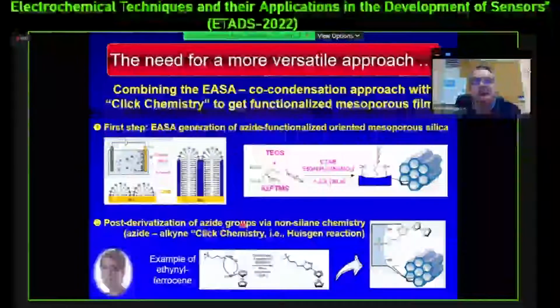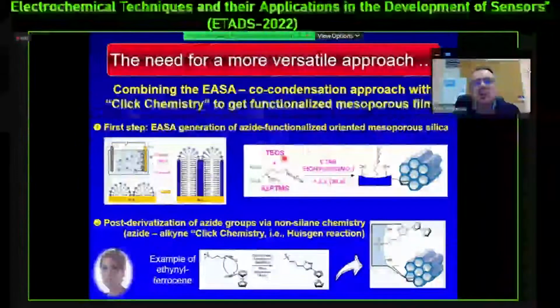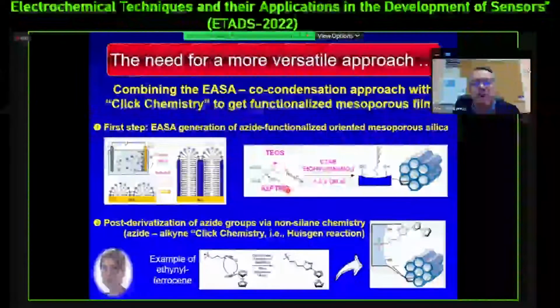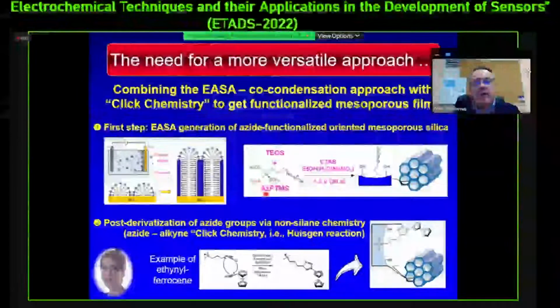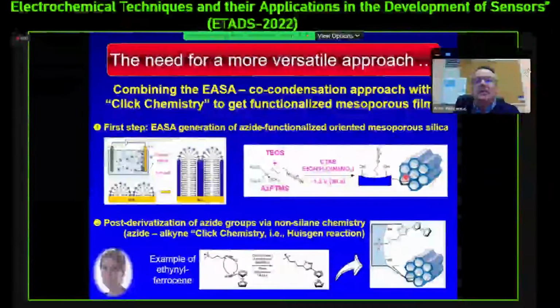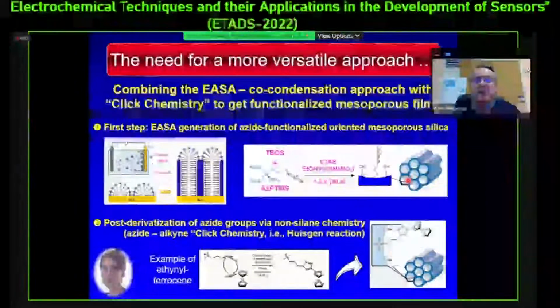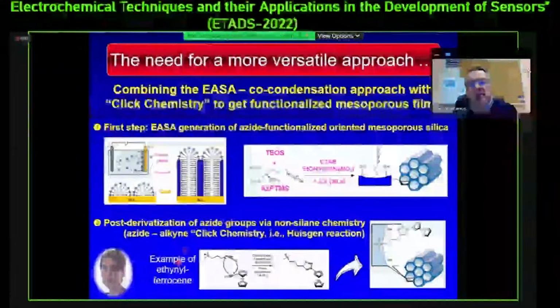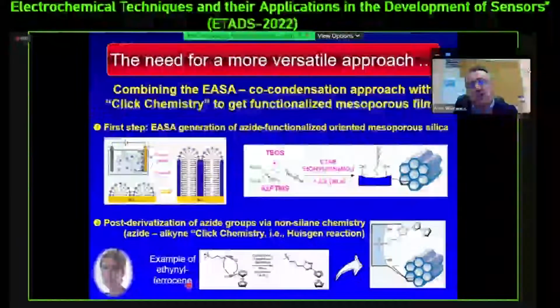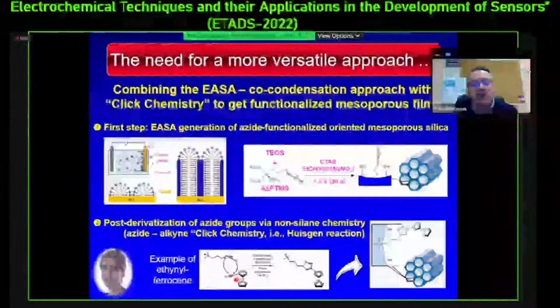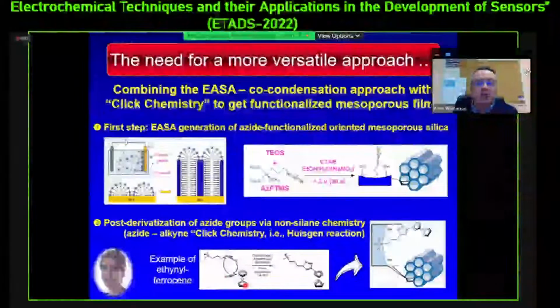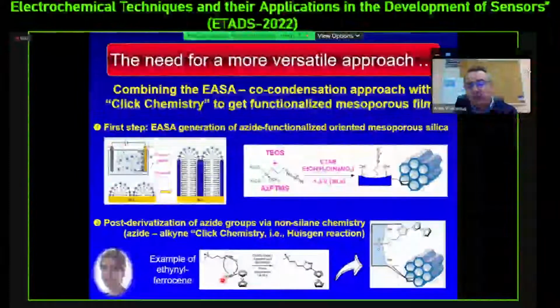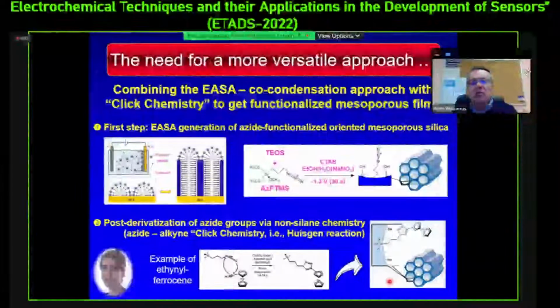So in that case, in addition to the tetraethoxysilane in the starting sol, we use an organosilane bearing some azide group, and after co-condensation, we expect to have the azide group inside the material. And then this azide group could be exploited in the click chemistry reaction, the Huisgen reaction, with alkyne-bearing groups, for example, ferrocene, propargyl ferrocene, and we will see if it works or not.